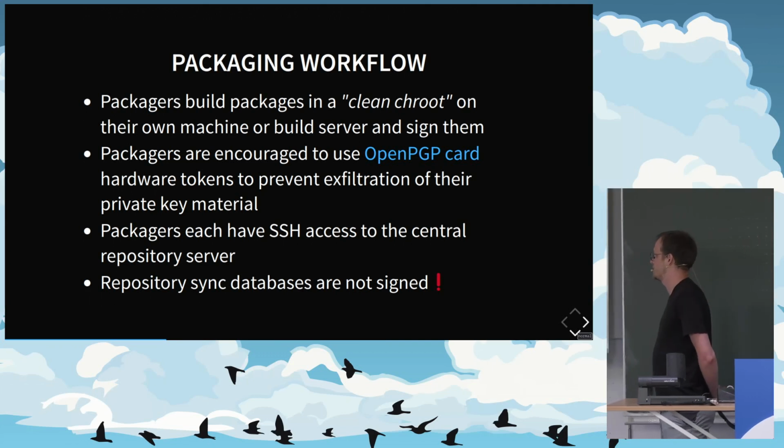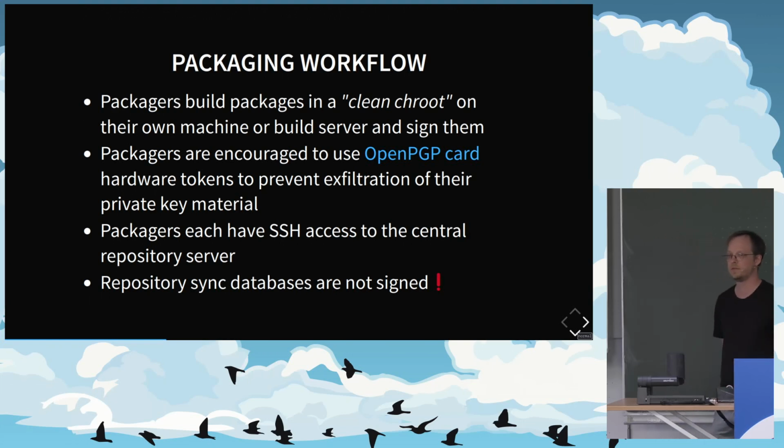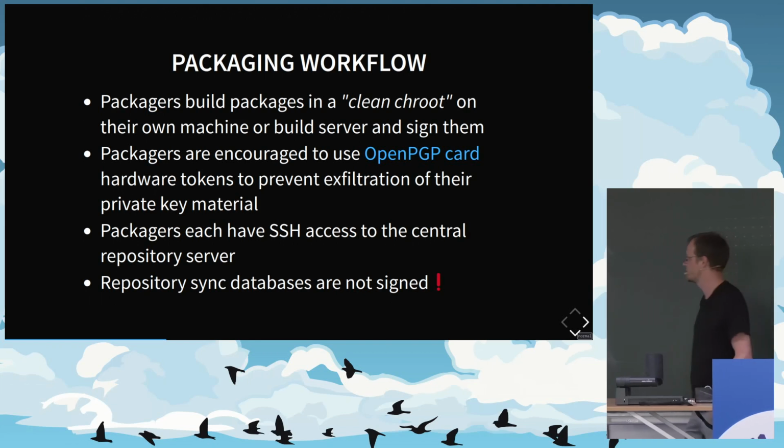Each packager has access, due to this process, to the central repository server to be able to upload package files and signatures and bump the process of please add this package to the repository or update the repository with this package. But as mentioned earlier, the sync databases that basically have the metadata of the repository are not signed yet. This is nonetheless something that Pacman can do.